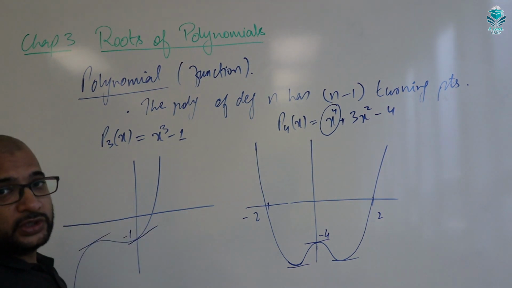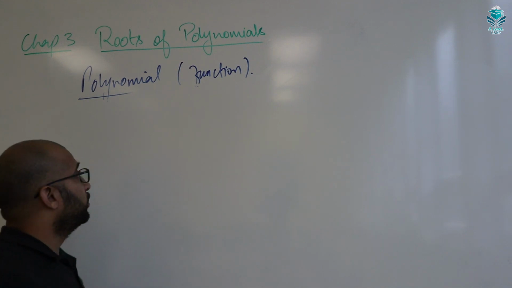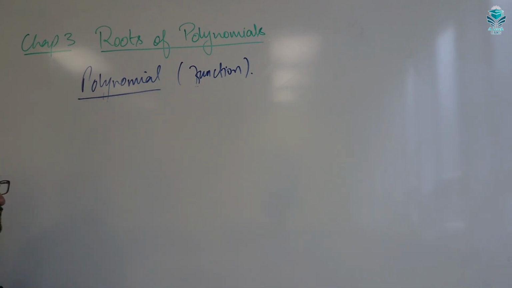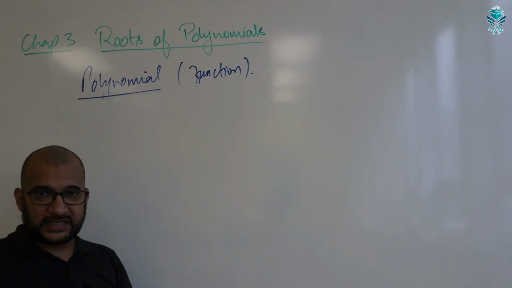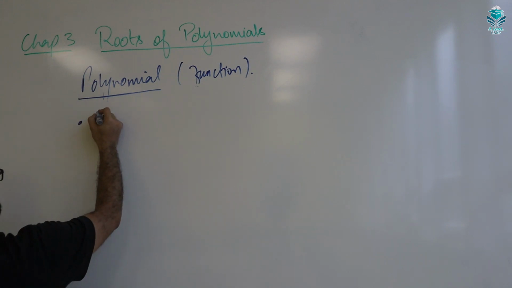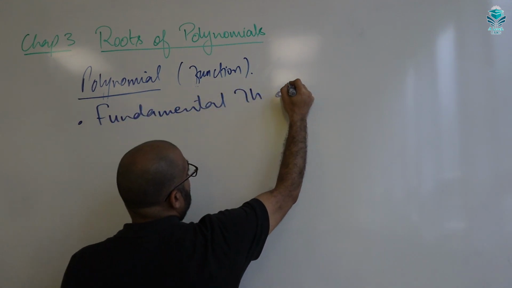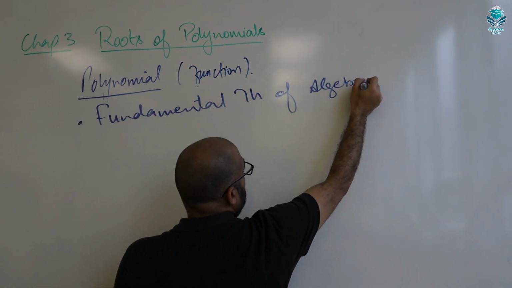Now we talk about the roots of a polynomial. Students, roots are basically the values where the polynomial crosses the x-axis. The most general theorem about the roots of a polynomial, we call it the fundamental theorem of algebra.